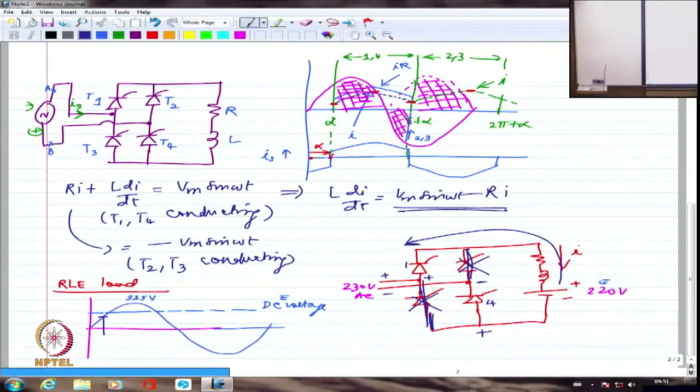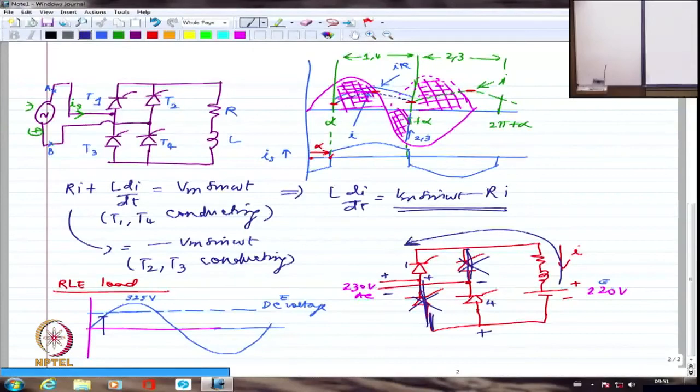The same thing holds good for the other device as well. So there are two cases we have to consider. If I already have continuous current, then I don't have to bother about what is happening in the RLE. I can directly say if it is positive half cycle, I will be able to fire 1 and 4. If it is negative half cycle, I will be able to fire 2 and 3.